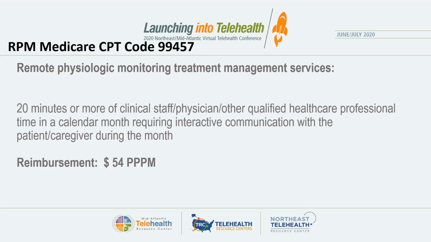Once 20 minutes of time has been accumulated, the provider can bill. The national average is $54 per patient per month. This can be done under general supervision, so it can be outsourced.